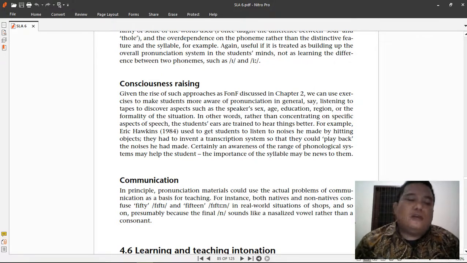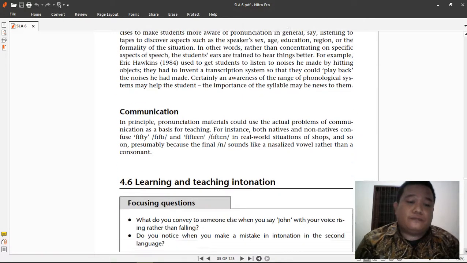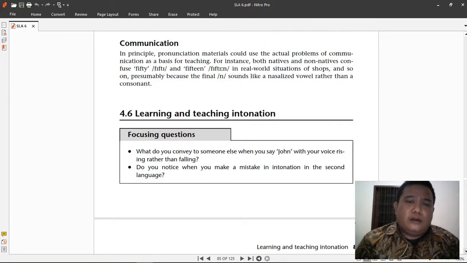So it's important to teach them too. And when you teach about that, yes, it is better to do it through communication, getting the students involved in a role play or asking them to watch a movie, an audiovisual.